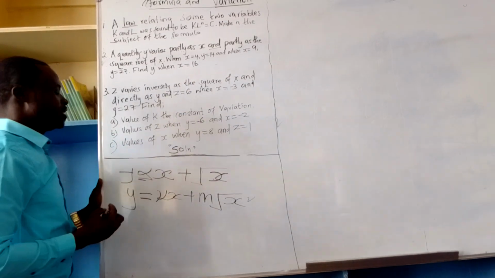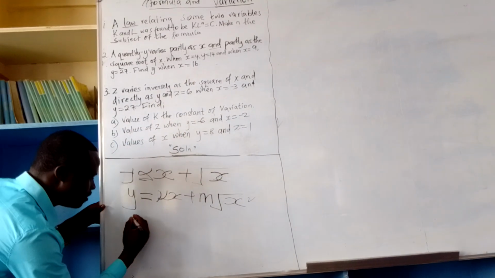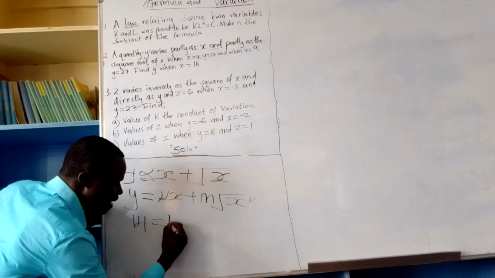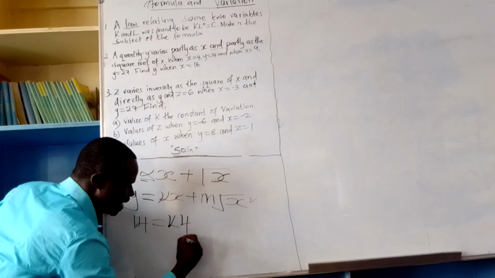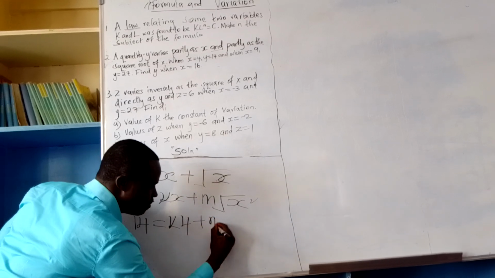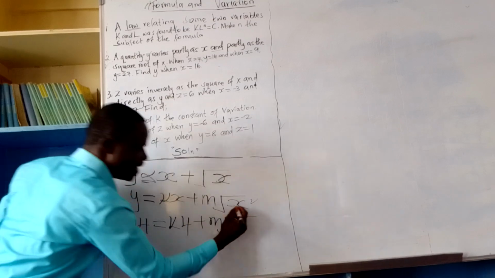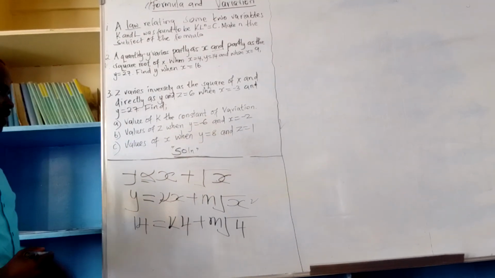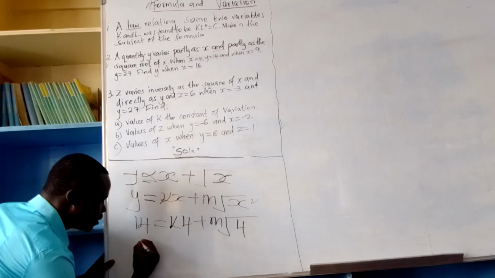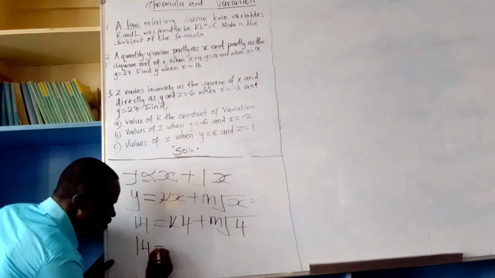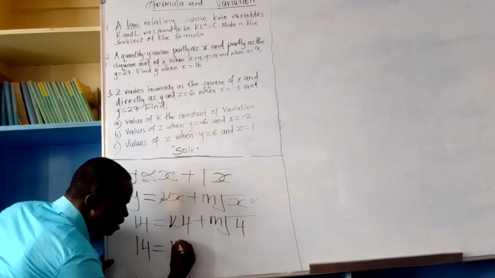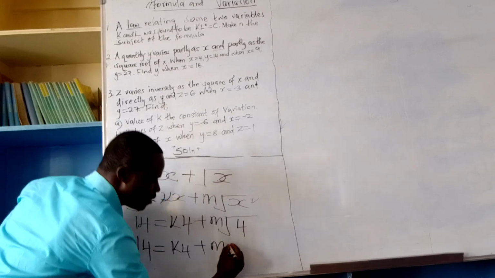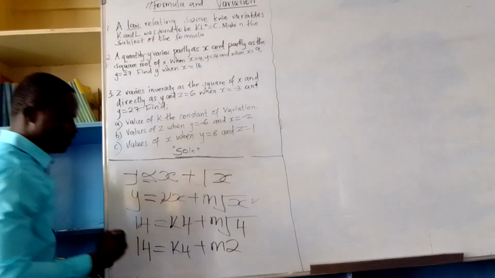So we substitute them. y has been given to be 14 is equal to k4, which is x, plus m, the square root of x, which is 4. Let's do away with this first. So this is going to be 14 is equal to k4 plus m, the square root of 4 is 2. So it's going to be m2.